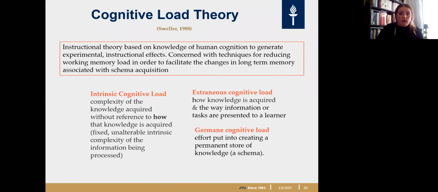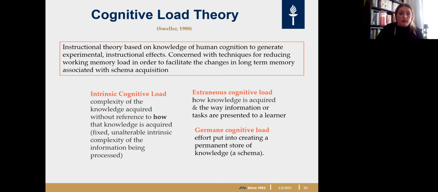So cognitive load theory is concerned with the capacity of working memory and how we can improve the schemas through instructional effects. And the cognitive load theory divides into 3 types of cognitive load.